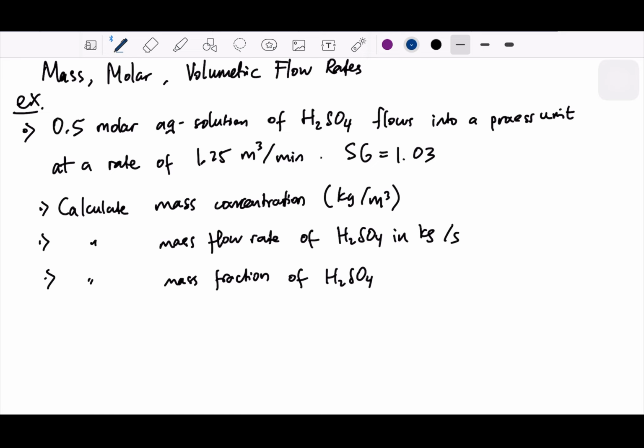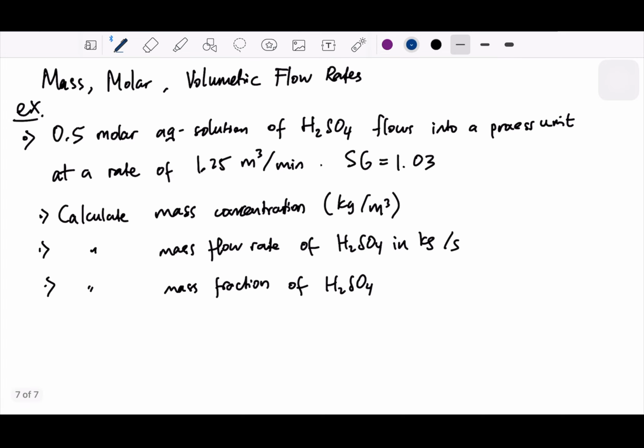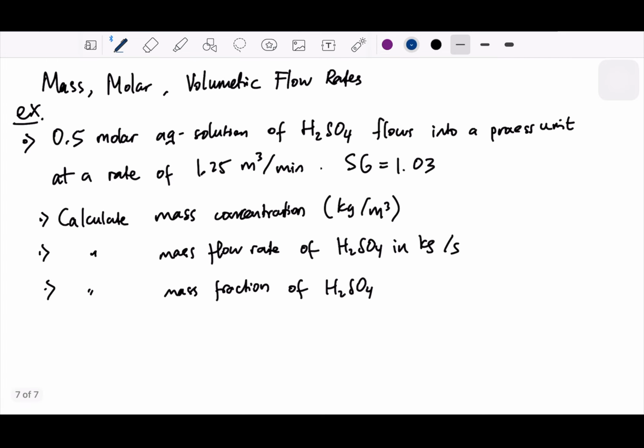Of course, we need some database, at least the molecular weight, right? Let's say the molecular weight is 98. Okay.